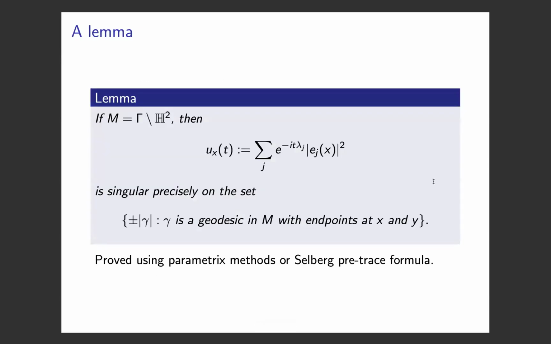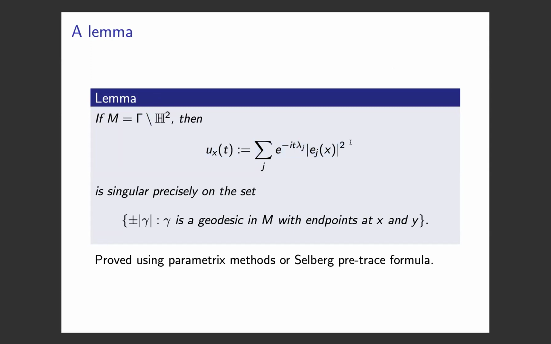So here's a lemma. This is where we use the wave kernel. And I'm going to brush a whole lot of stuff under the rug here. I'm not going to prove this lemma. But if you have a hyperbolic quotient, a quotient of the hyperbolic plane by a deck group, and we take a distribution in t, indexed at a point x in the manifold, defined like this.